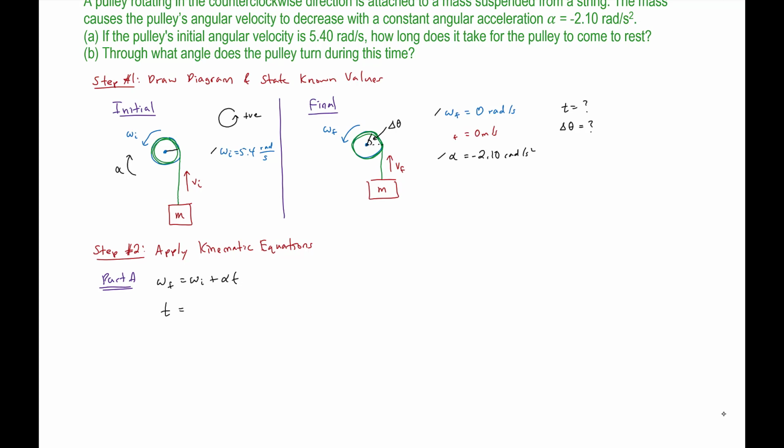We want to solve for time t, so that's omega f minus omega i divided by alpha. That is equal to 0 minus 5.4 divided by negative 2.10. Time is equal to 2.571 seconds. So that's our answer to part A.